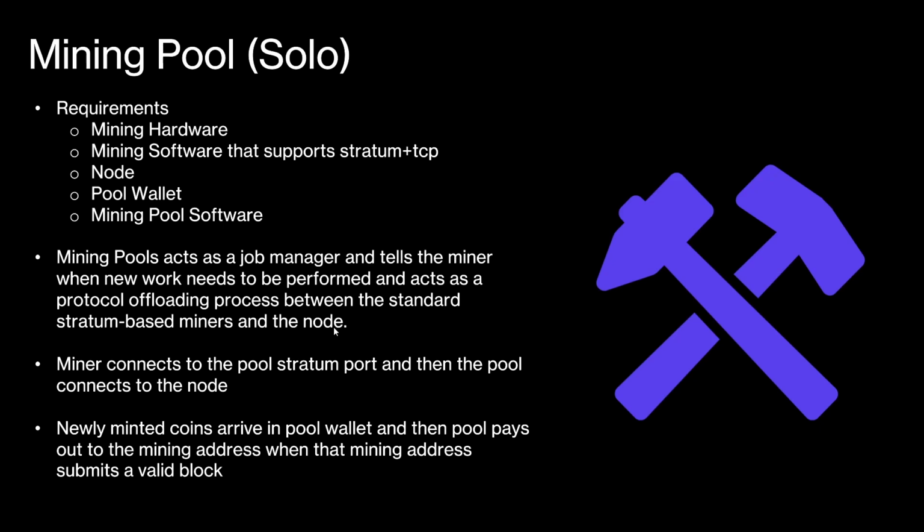The difference here is that because you're running that pool software with a pool wallet, any newly minted coins will hit that pool wallet first. And then once they mature and become unlocked, that pool wallet will pay out that block reward minus any fees to the miner address that submitted the block.